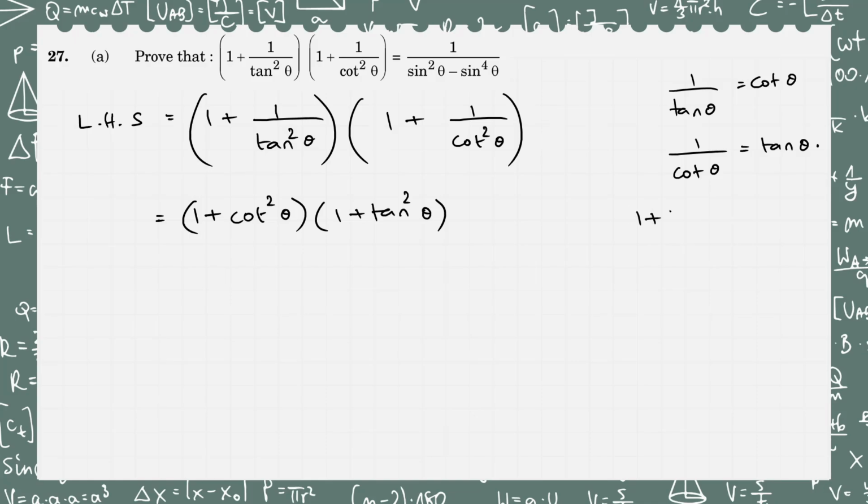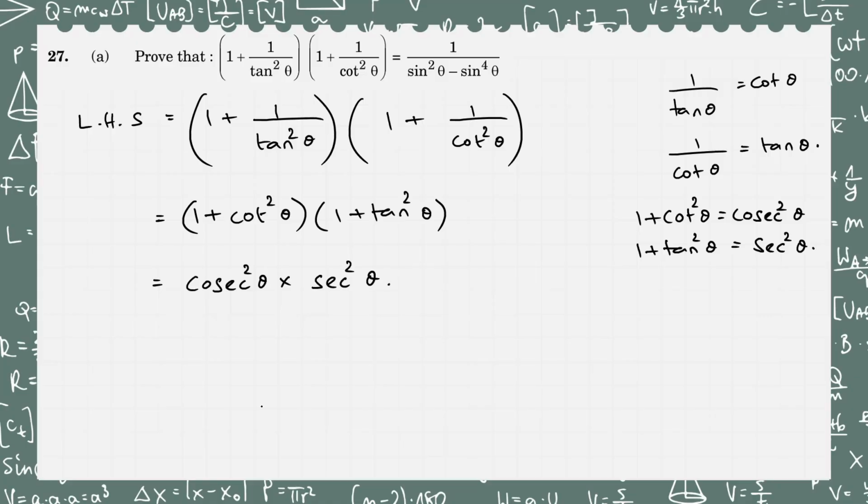What are they? 1 plus cot square theta equal to cosecant square theta, and 1 plus tan square theta equal to secant square theta. So these are the identities we are going to apply here. So the first bracket's value is cosecant square theta into the second bracket's value is secant square theta.